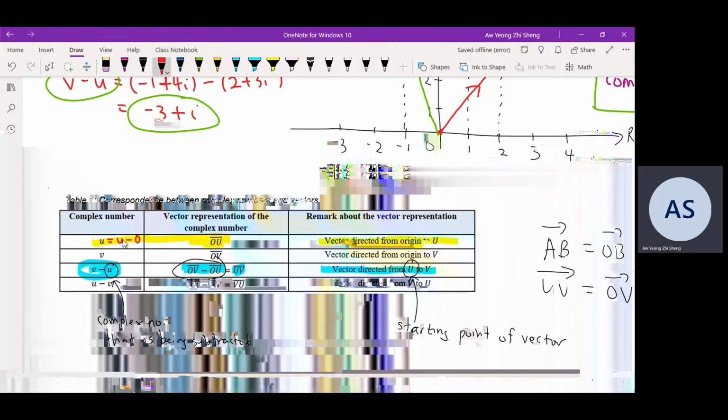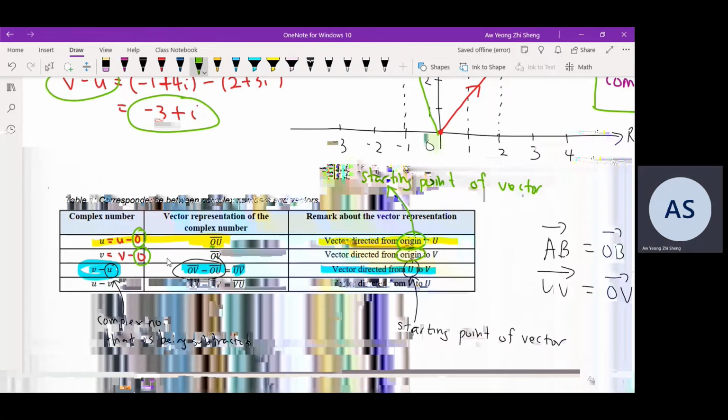And if you treat U as U minus 0, that tells you that the point representation of 0, which is the origin, becomes the starting point of your vector representation, which is correct because the vector representation is OU, where the starting point is O. And similarly, V is the same as V minus 0. So again, the point representation of the number 0 becomes the starting point of your vector.